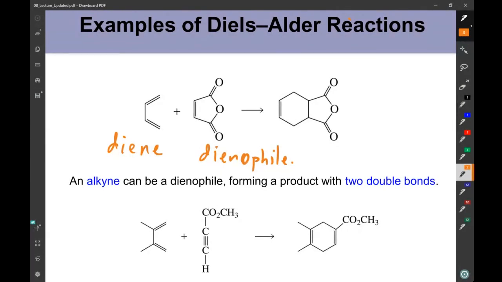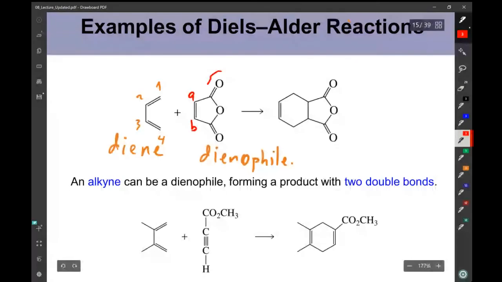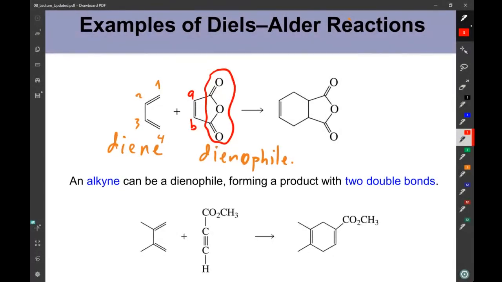Let's label the diene: carbon 1, carbon 2, carbon 3, and carbon 4. And now let's label the dienophile: this will be carbon A and that will be carbon B. That's all we're interested in. The remaining parts of the dienophile remain unchanged, and you will notice that the remaining parts of the dienophile are electron withdrawing groups.